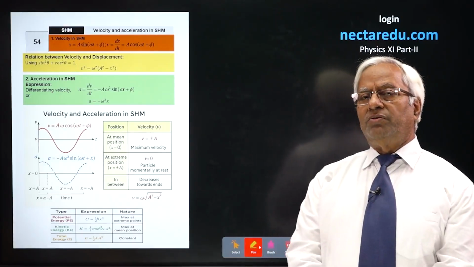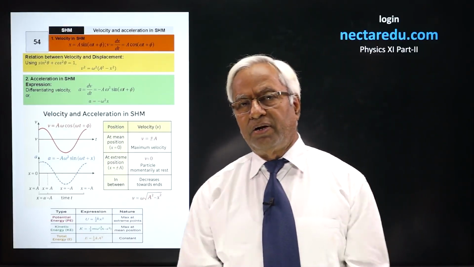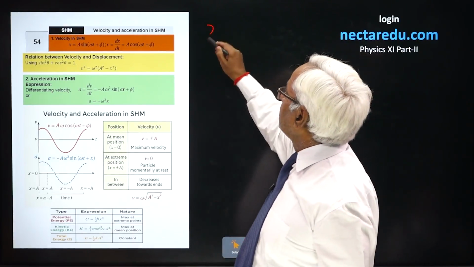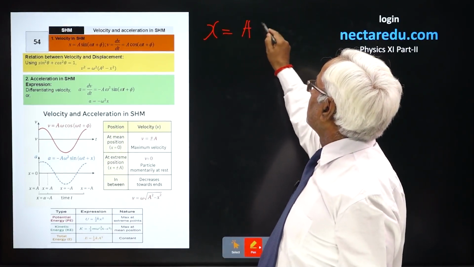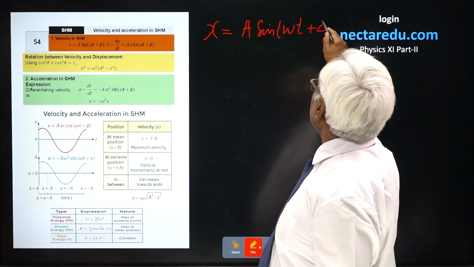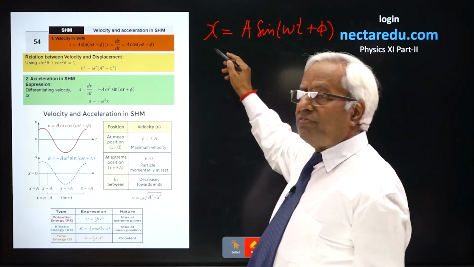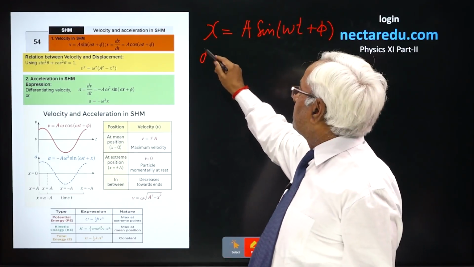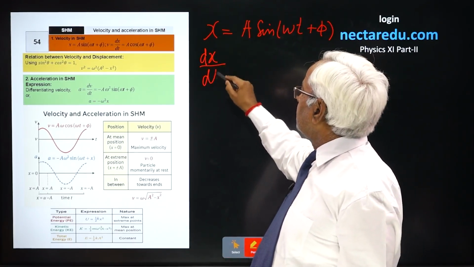Now we'll talk about the velocity and acceleration in simple harmonic motion. After knowing that displacement is given by the equation x equals A sine(omega t plus phi), if you differentiate it with respect to time, it's going to be dx/dt.